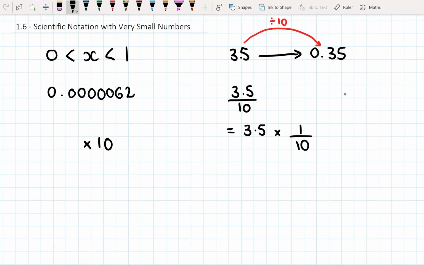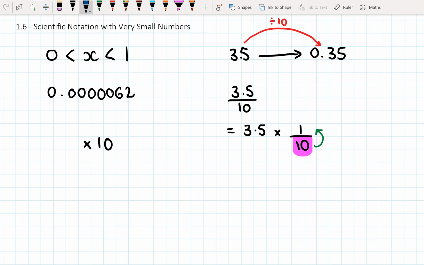Now we need to think back to what we've been doing lately with negative exponents. In the last lessons we looked at things in the denominator of a fraction and how to move them to the top. So how do we bring this 10 up to the top? Well, we have to change its power to the opposite of what it currently is.